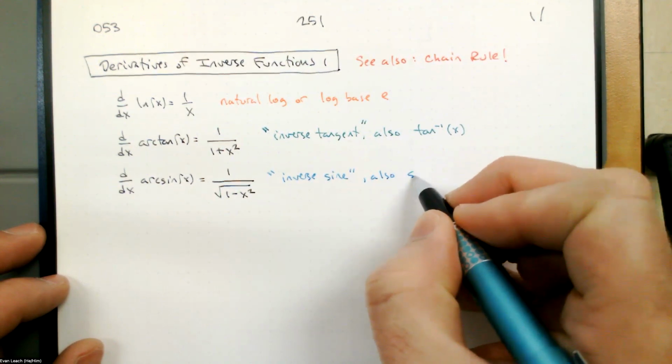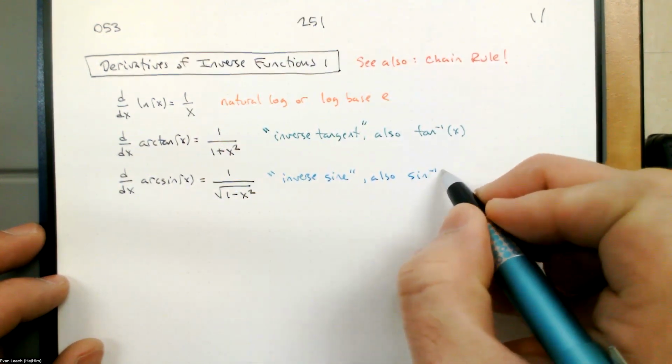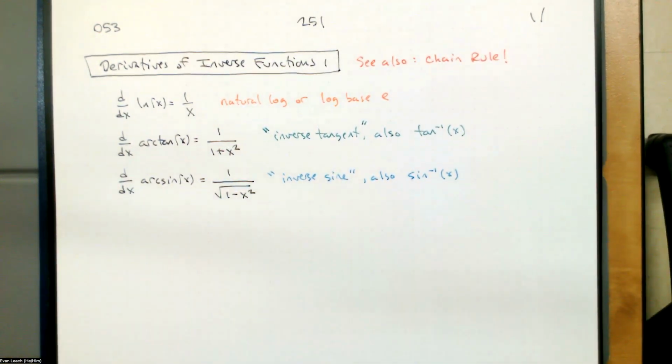And similarly, we might write this as sine to the minus 1 of x. When we write sine to the minus 1 of x, we mean inverse sine. We mean this as an inverse function. We have a different word for the reciprocal of sine. We call that cosecant. So if I wanted sine to be raised to the negative 1 power, I'd write cosecant.